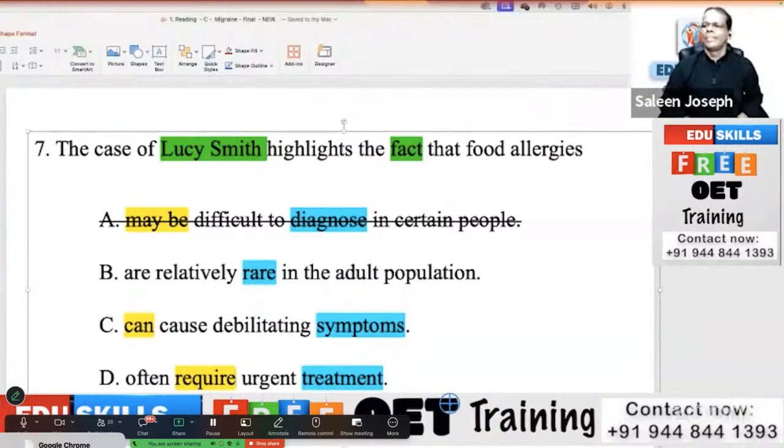Is there a must? No. Is there anything mandatory? Just stating a fact is different from a mandatory statement. You must do it, or you must be hardworking, or you must be smiling, that is a mandatory statement. If you differentiate the options that way, we have only 2 options left out: relatively rare in the adult population, and can cause debilitating symptoms.